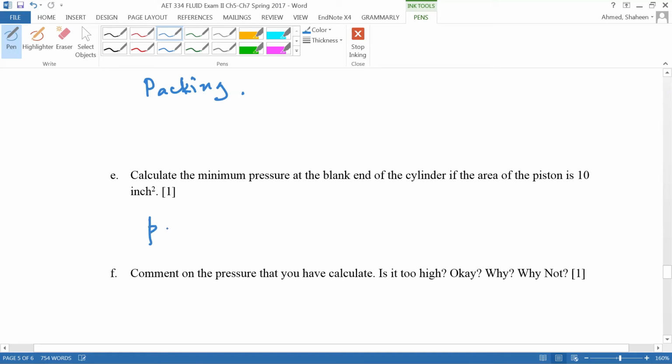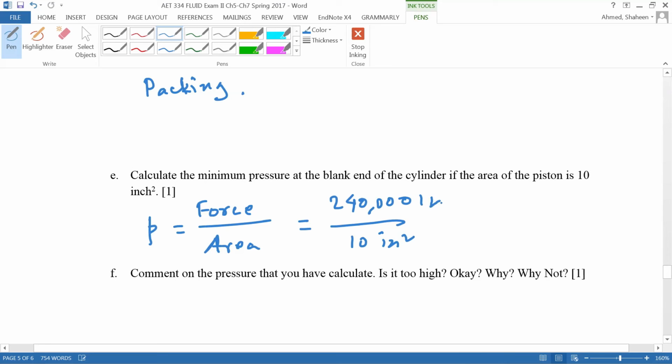So pressure is force divided by area. So force is 24,000 divided by 10 inches squared, pounds. So this is 2,400 psi, which is actually huge pressure.